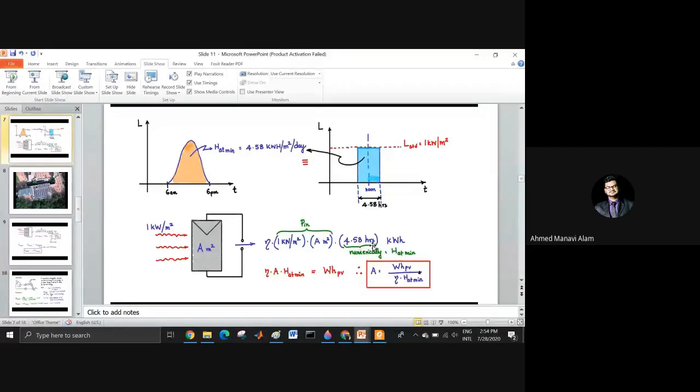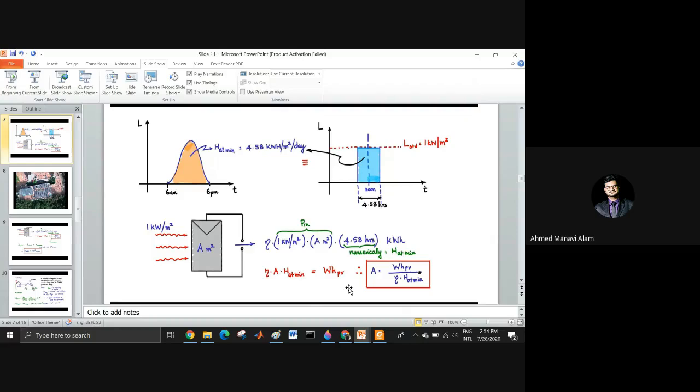So by this, eta multiplied by A multiplied by H_AT is giving me WHPV. Eta, that means efficiency, multiplied by area, multiplied by my incident energy, is giving me the WHPV. This formula is very important. I have got this formula from the theory.